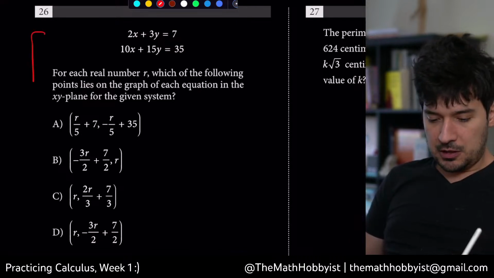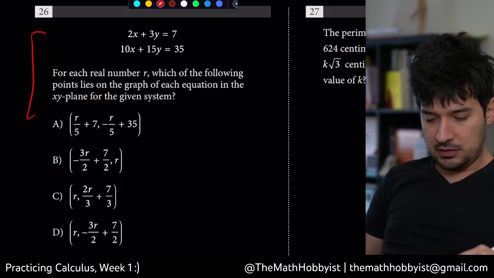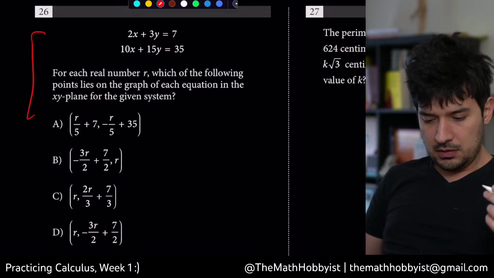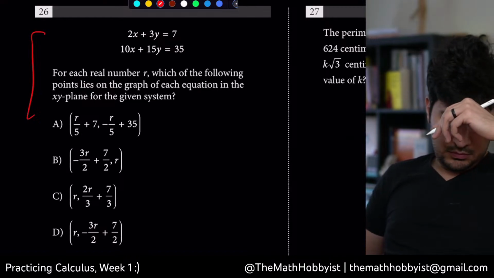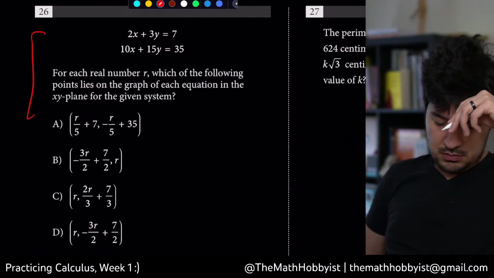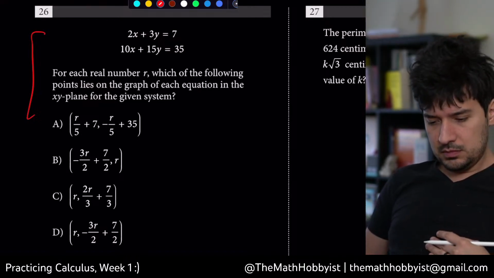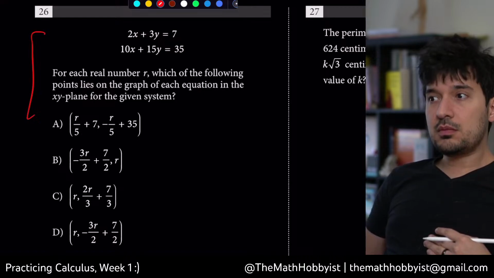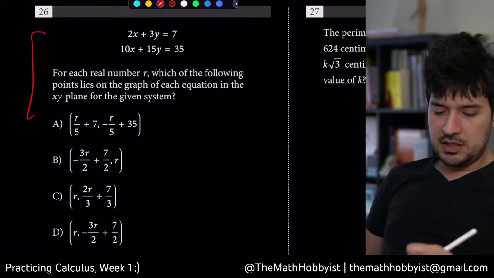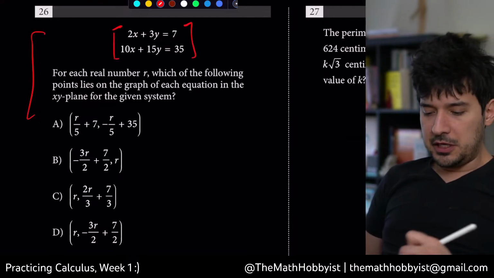For each real number r, which of the following points lies on the graph of each equation? All right, so I just see that we should solve this system, right?